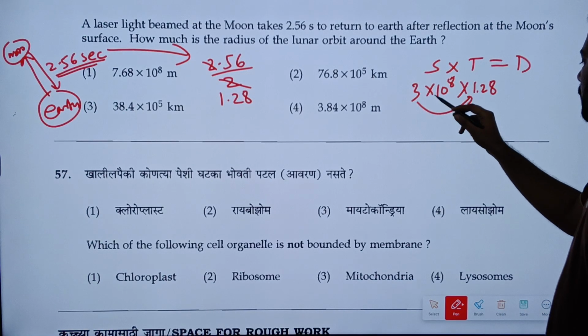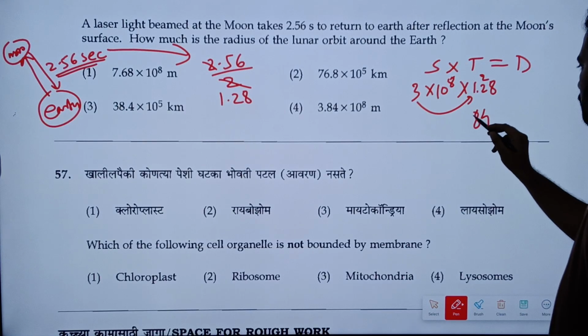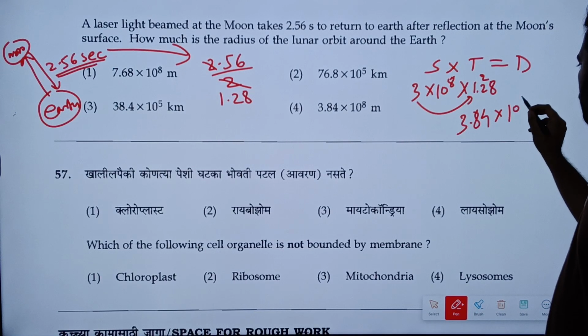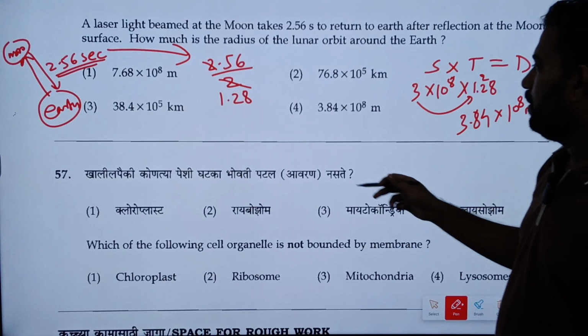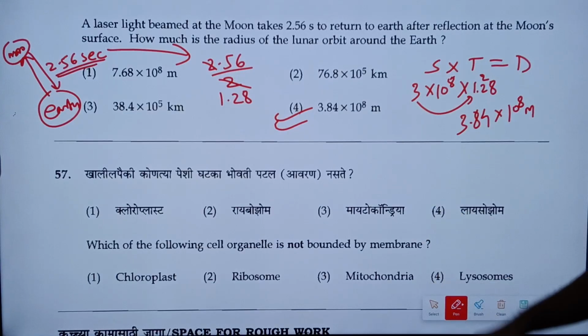If you multiply this, the answer is 3.84 into 10 raised to 8 meters. Option number 4. Got it? Check properly.